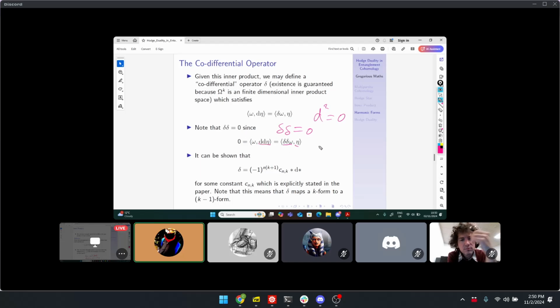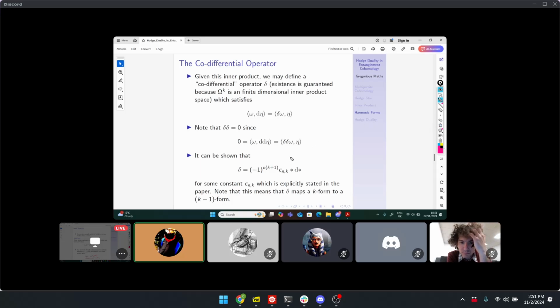But the inner product of anything with 0 is 0. And therefore, since I'm assuming eta is non-zero, that means that delta delta omega must also be 0. And so, since these were arbitrary forms, delta delta applied to anything gives us 0.